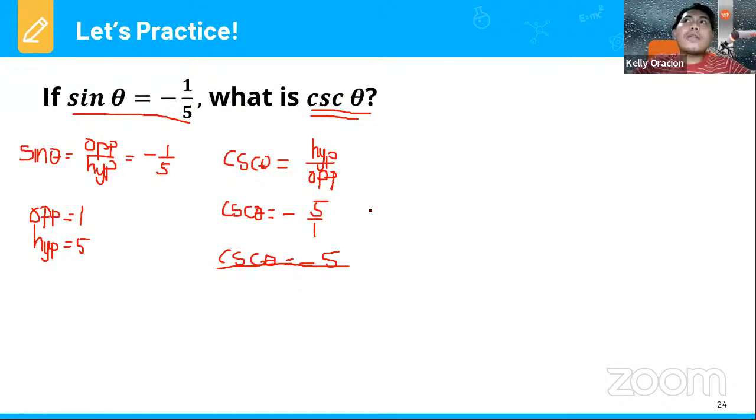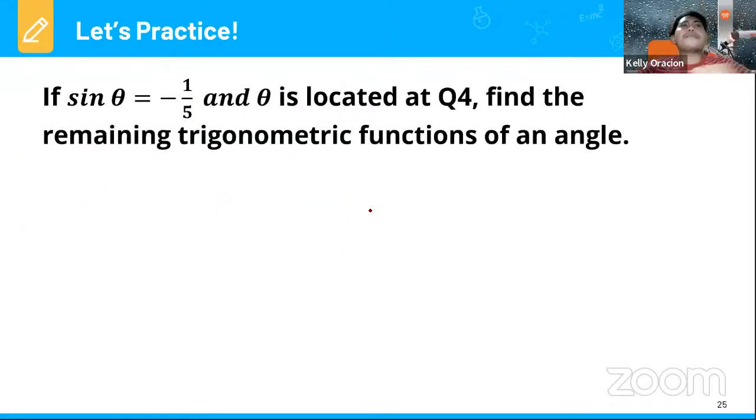That's the introductory part of our last topic. Sine theta is negative 1/5, and theta is located at quadrant 4. Find the remaining trigonometric functions of the angle. There are 6 trigonometric functions: sine, cosine, tangent, cotangent, cosecant, secant.